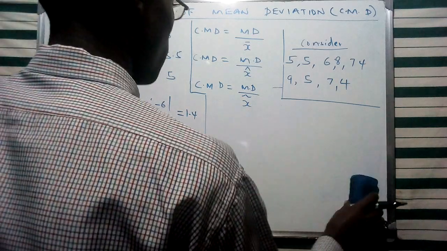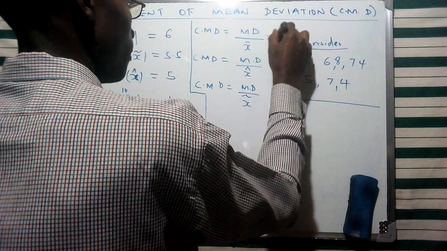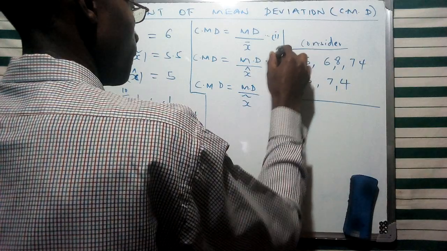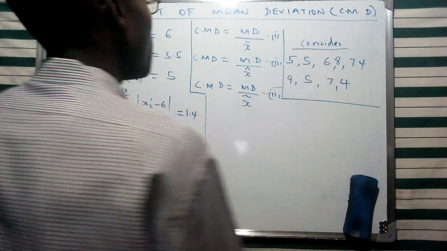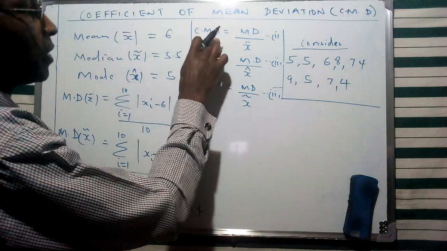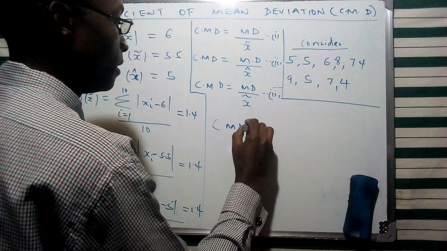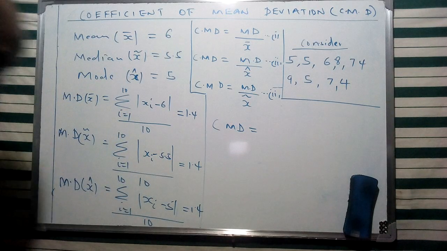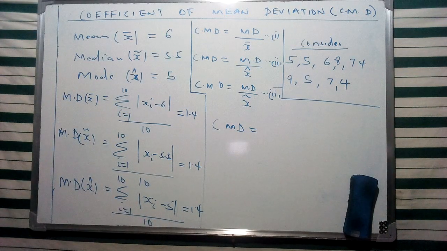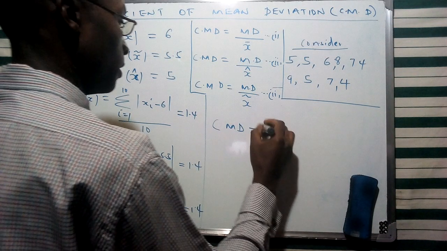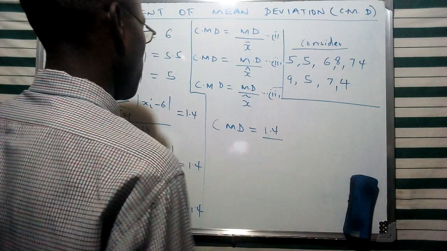Now, in this case, let's call this one our first, second, and third. So the coefficient of the mean deviation about the mean is given as CMD, which is equivalent to the mean deviation. Now, in our calculation, we had found the mean deviation about the mean as 1.4, divided by the mean.